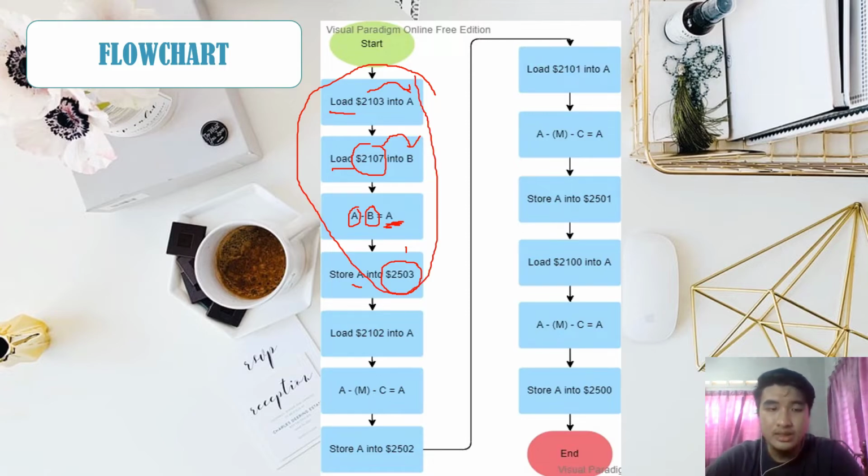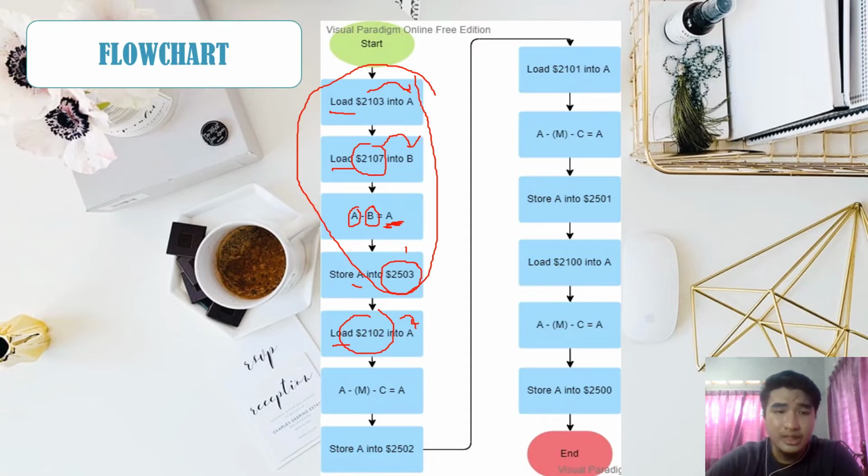Next is the second operation of the subtraction. We start with the load instruction, loading $2102 into accumulator B. Next we need to use the instruction SBCA, because we cannot use SBA. SBA can only be used for the first operation, because the first operation doesn't have the carry value of a previous operation.